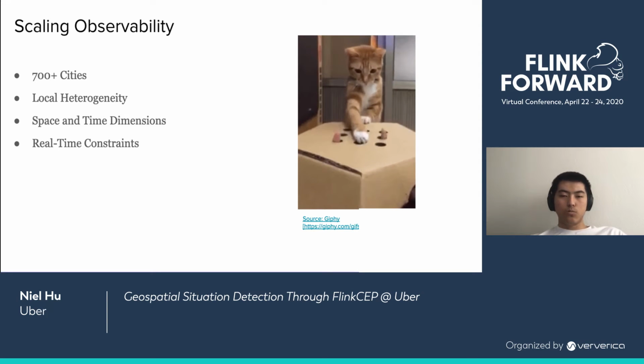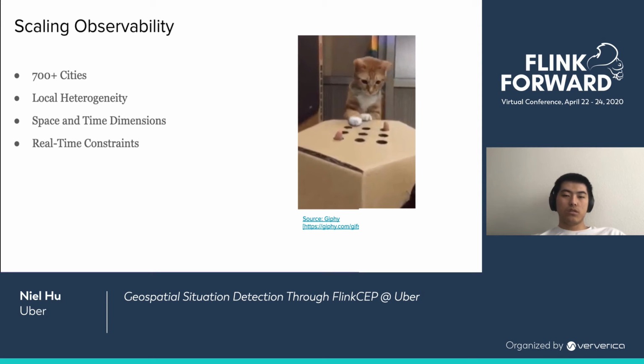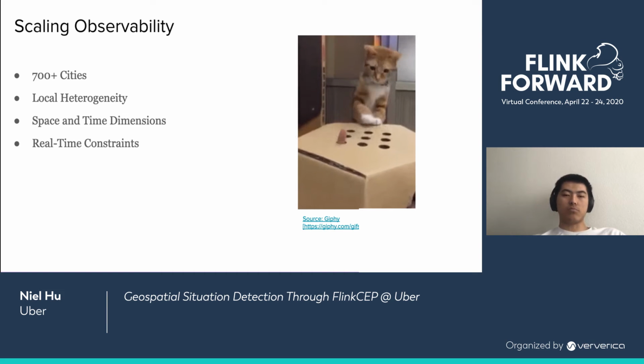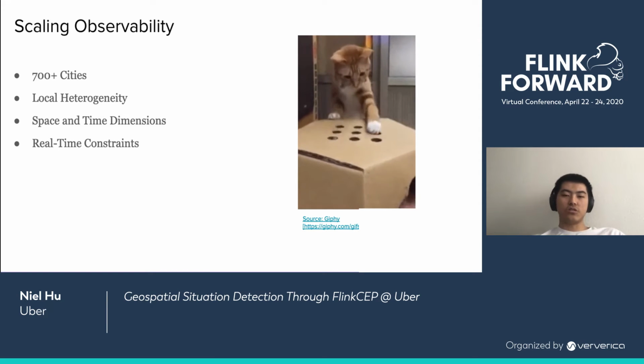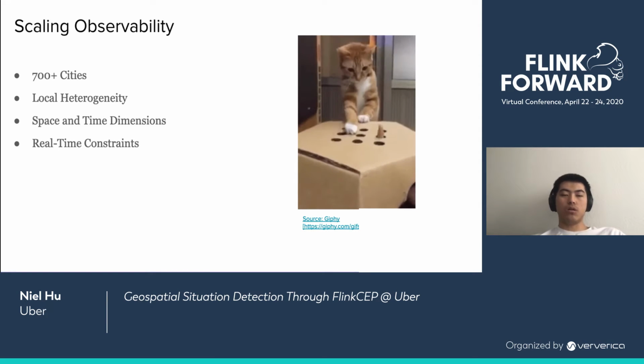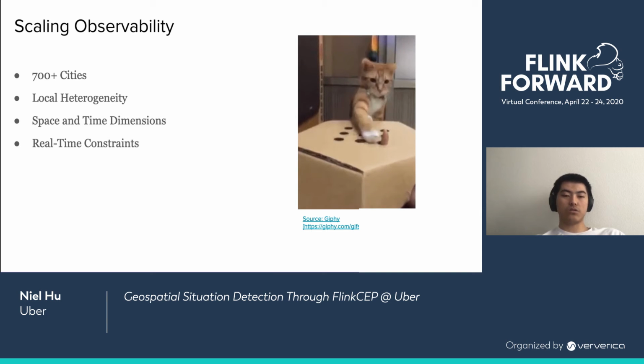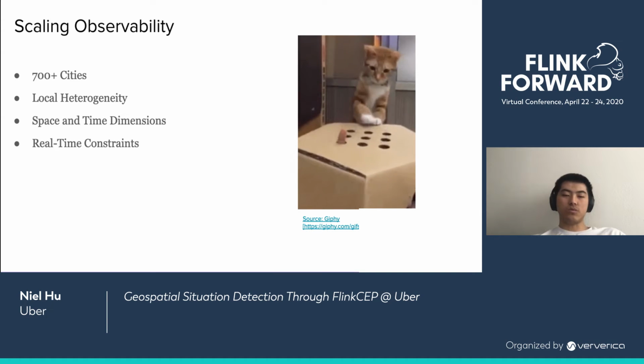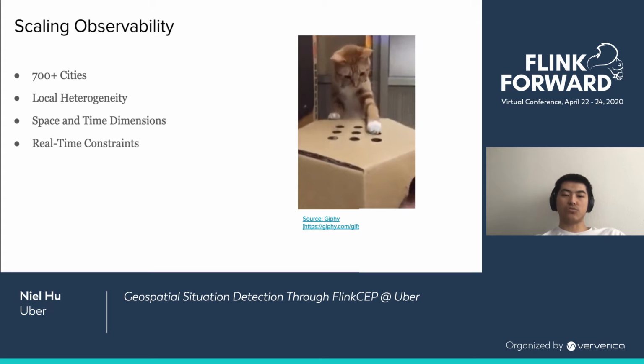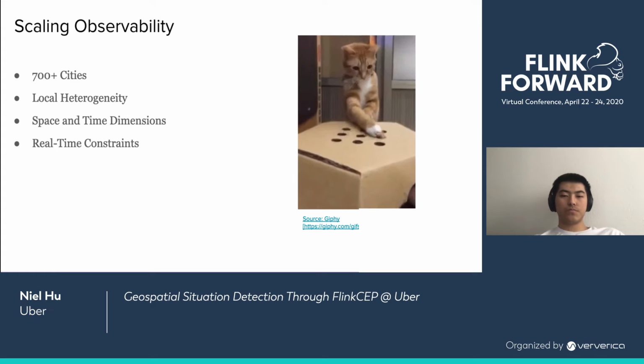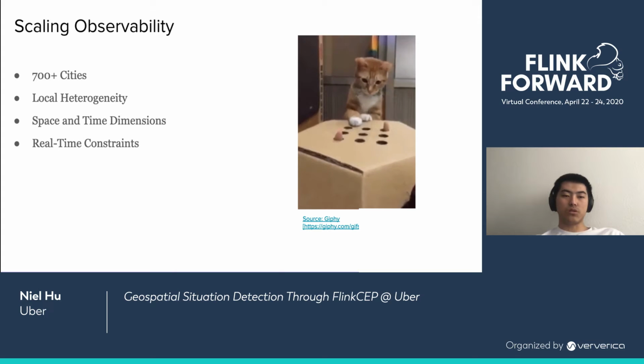Also, Uber's problem is essentially a space-time high-dimensionality problem. All of the decisions and models we run are under these high-dimensionality assumptions. We also have to do this in real time, so there's also a latency constraint on it. Sounds like a problem that's impossible to solve.